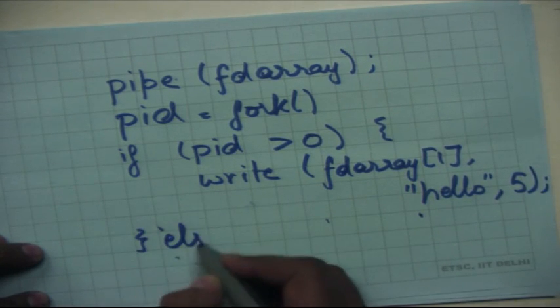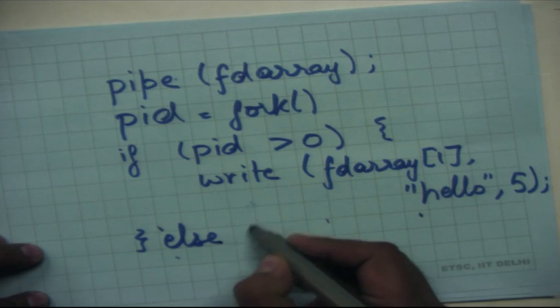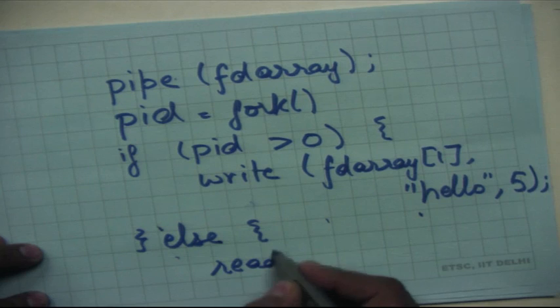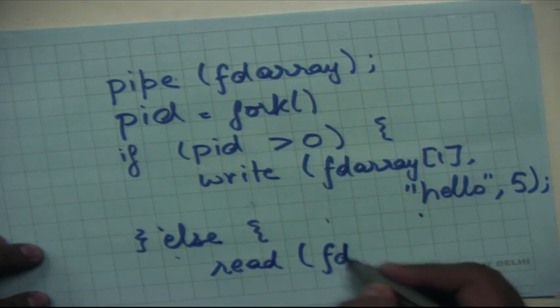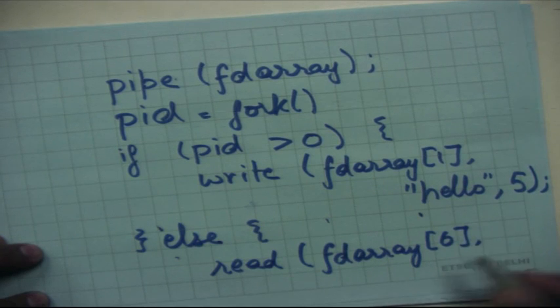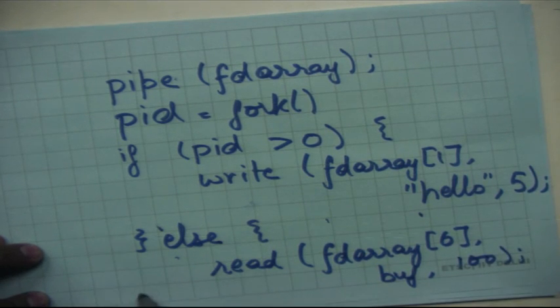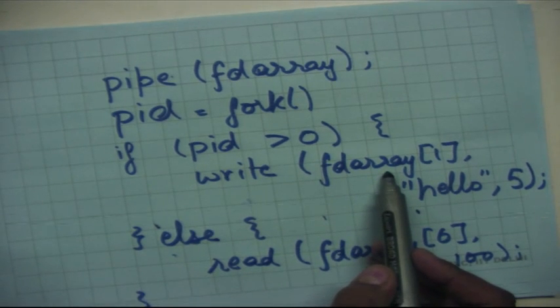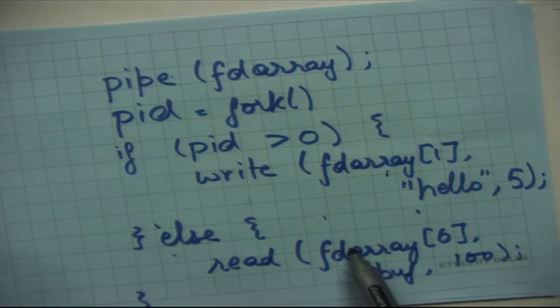And else, if I am the child, then read FDRA0, buff, whatever, 100. Right? In this case, the parent writes to the pipe and the child reads from the pipe.